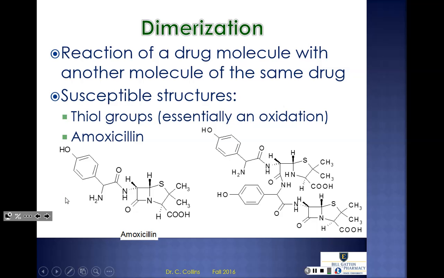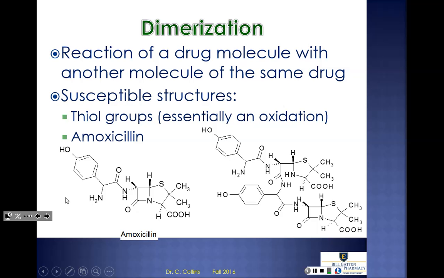Dimerization: reaction of a drug molecule with another molecule of the same drug. So in other words, you have the drug, two of the molecules can react with each other, and when they do, they no longer have the same properties. They can't be absorbed, they may not even dissolve. There could be a lot of problems with that. So this is an internal kind of issue.